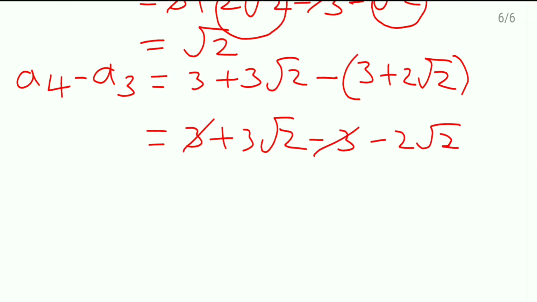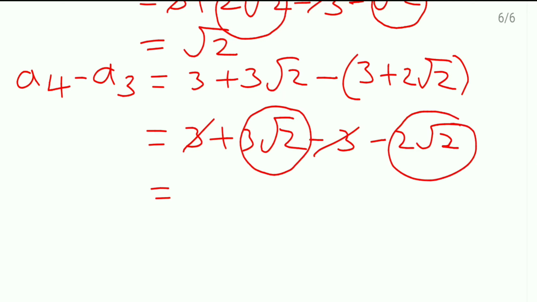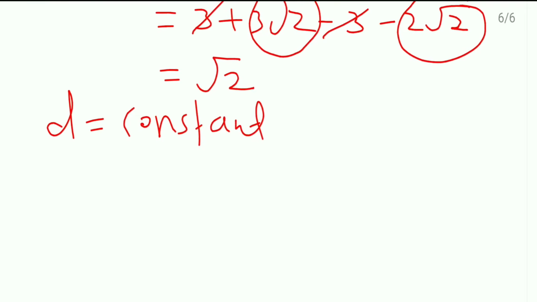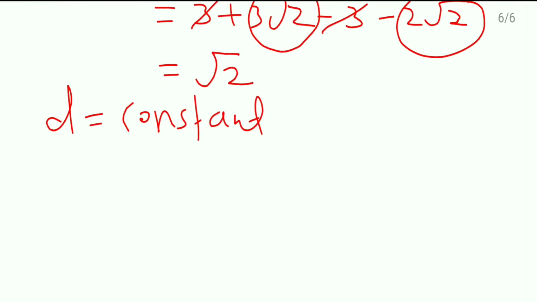Cancel this minus 3 and plus 3. Here once again you see 3 times root 2 minus 2 times root 2. Your answer will come as root 2. If you observe, everywhere d is constant. Here it is constant. So you will say, therefore it is an AP.